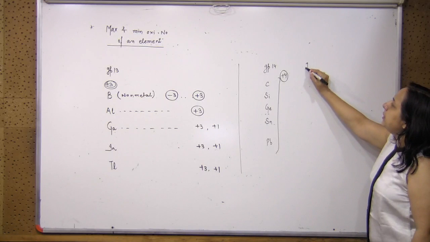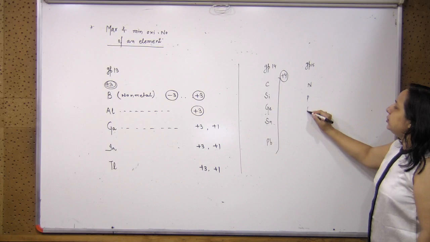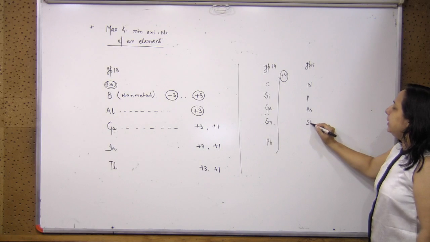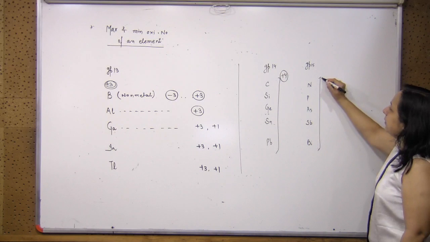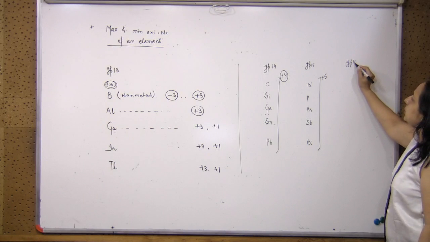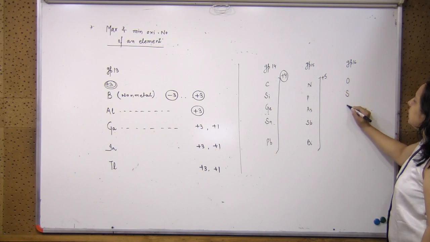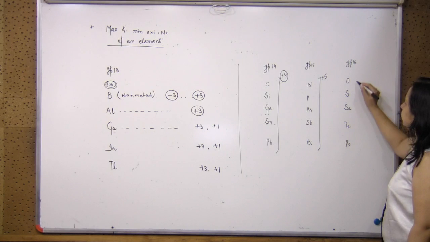Then it is group number 15, the nitrogen family: nitrogen, phosphorus, arsenic, antimony and bismuth. Maximum possible is +5. The 16th group is oxygen, sulfur, selenium, tellurium and polonium.